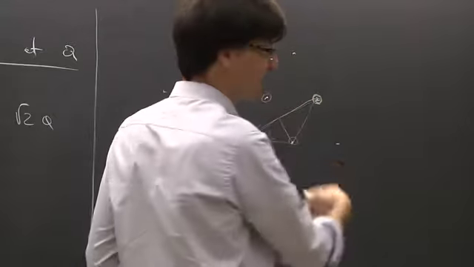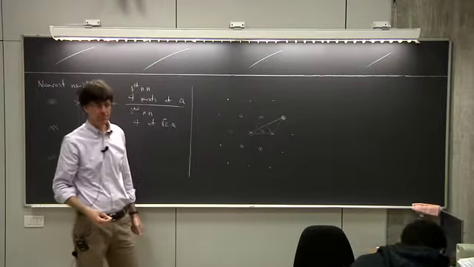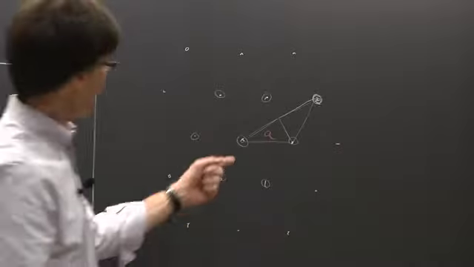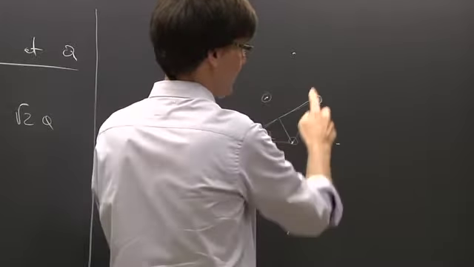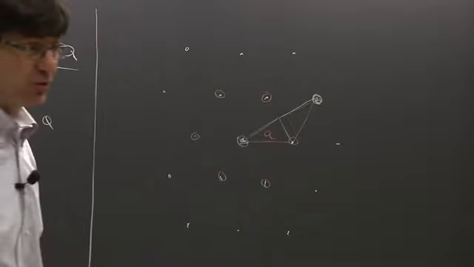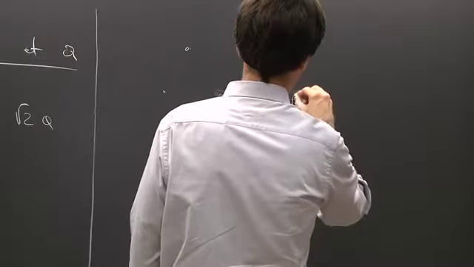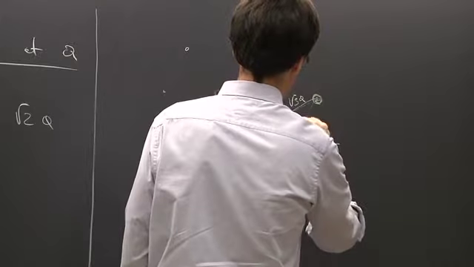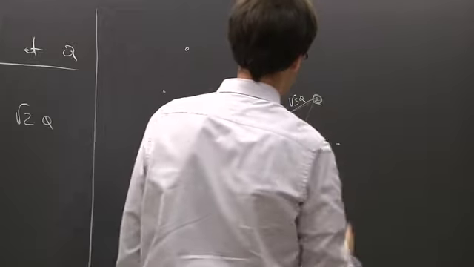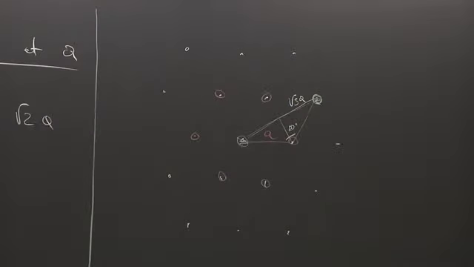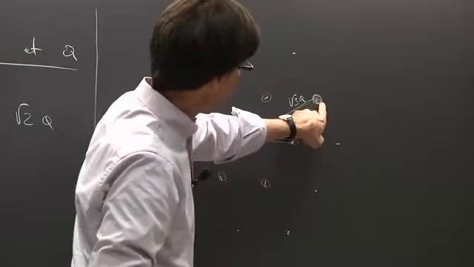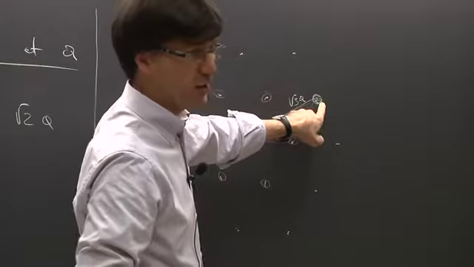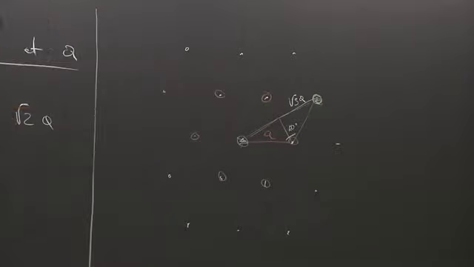These are all equilateral triangles. My question is, what is the distance between this point and this point? Square root of 3, not 2. This is 120 degrees, right? So this is the square root of 3a. How many equivalent points like this green one do I have around?